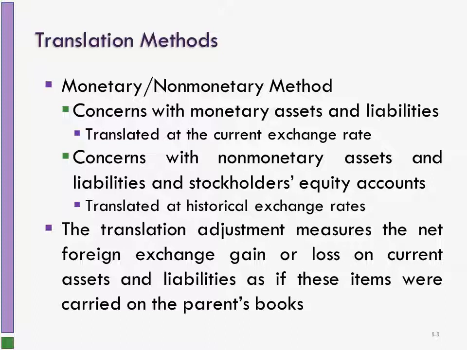If cash and receivables are greater than payables, then we have net asset exposure. If cash and receivables are less than payables, then we have net liability exposure. The translation adjustment measures the net foreign exchange gain or loss on current assets and liabilities as if these items were carried on the parent's books. This is the idea of this method.